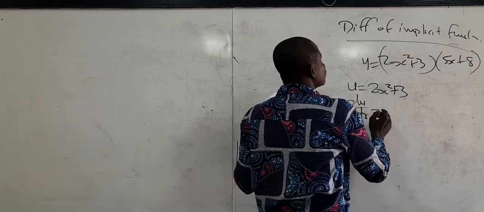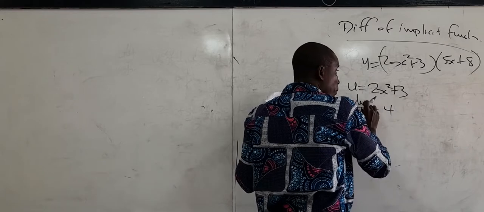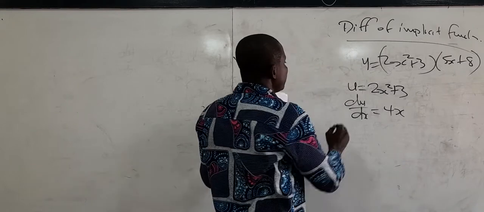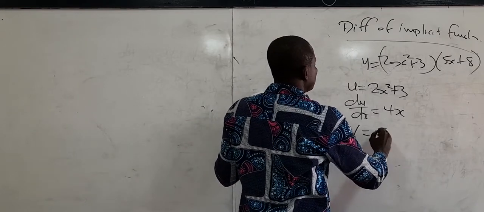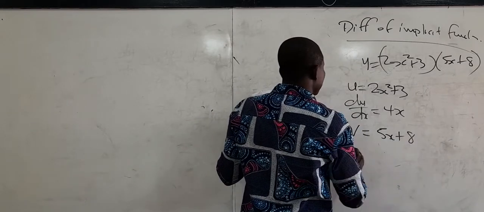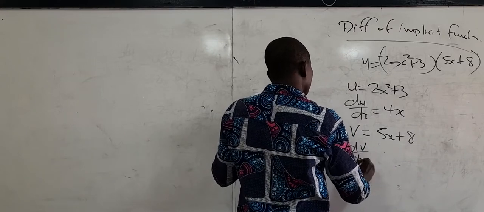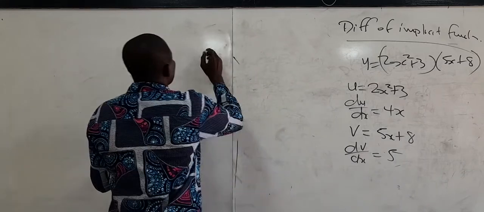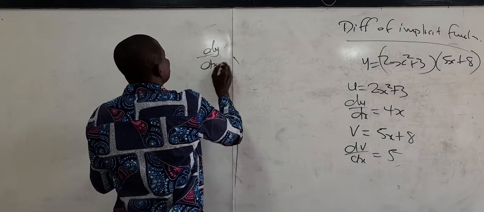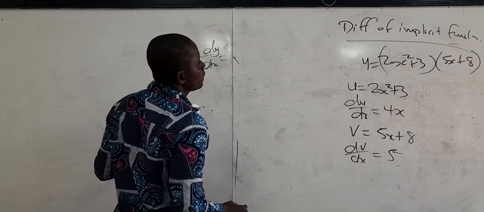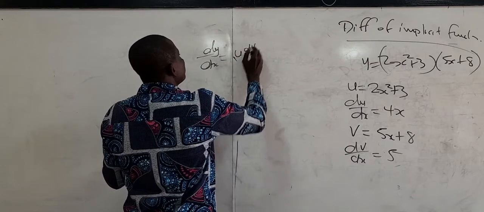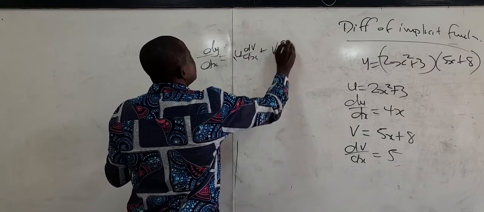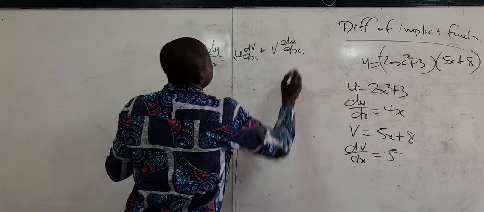Then you differentiate straight away. du/dx will be 4x. You remember that? This one goes to 0. Then v is equal to 5x plus 8, so dv/dx will be equal to 5. Right? Therefore dy/dx is equal to u dv/dx plus v du/dx.